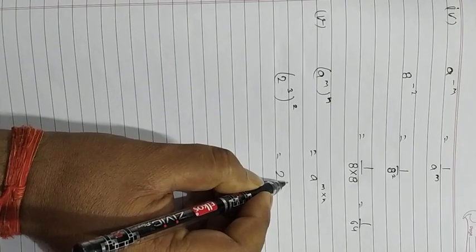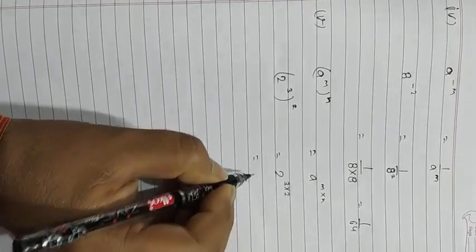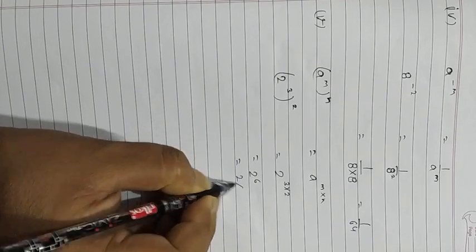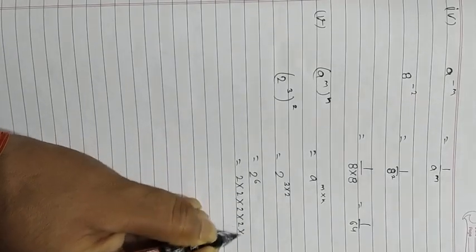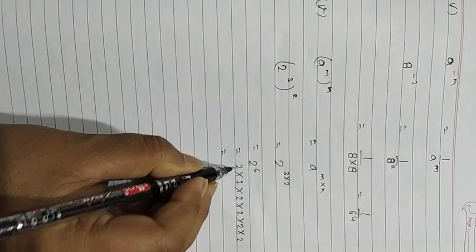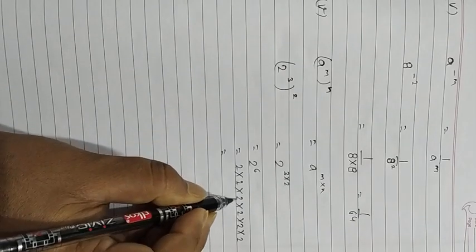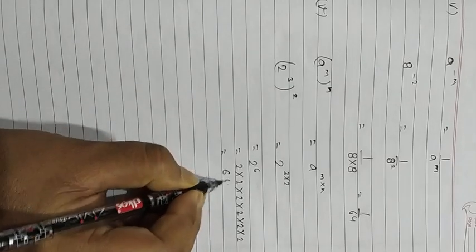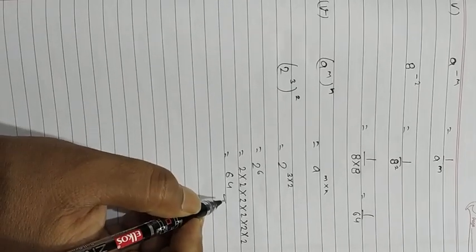So 2 raised to power 3 into 2 gives you 6, and its value is 2 into 2 into 2 into 2 into 2 into 2, 6 times. Okay. So 2 to the 4, 4 to the 8, 8 to the 16, 16 to the 32, 32 to the 64 is the clear answer.